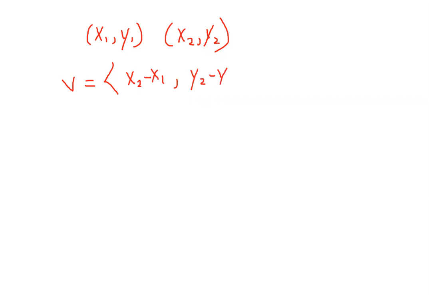But let's say its initial point is x1, y1, and its terminal point is x2, y2. We can write this in component form by this formula: x2 minus x1, y2 minus y1.